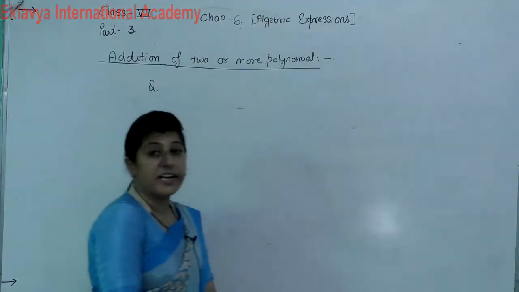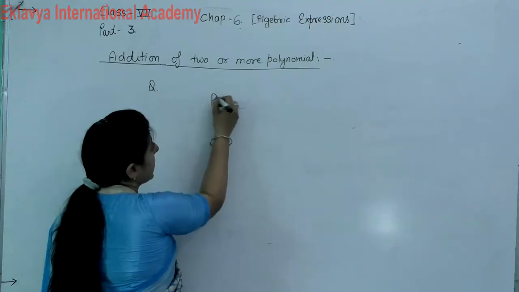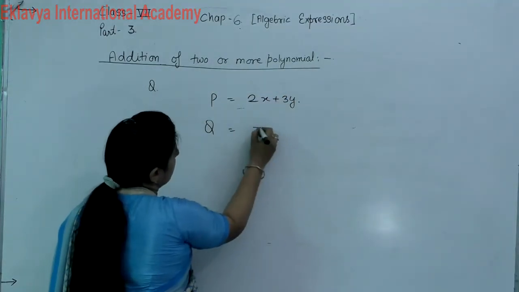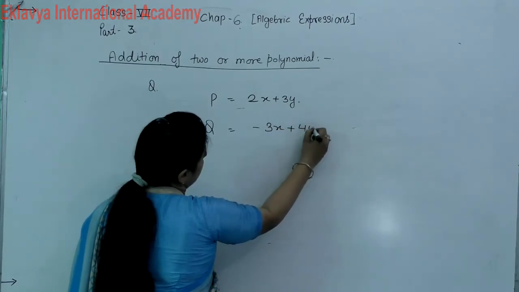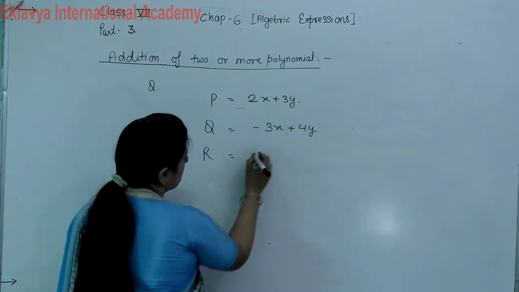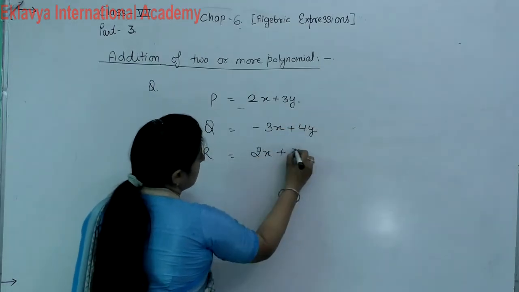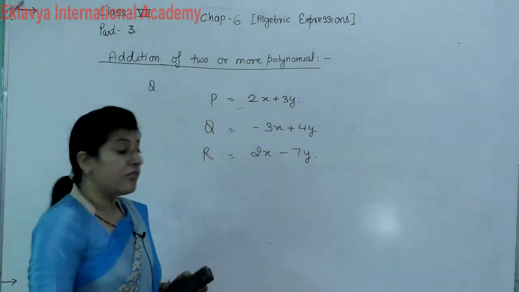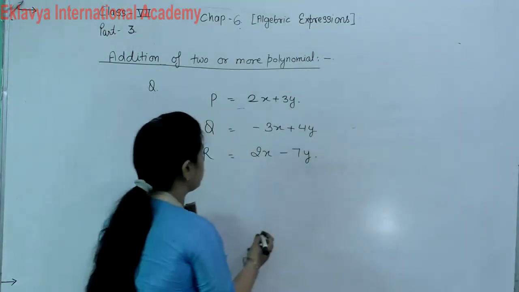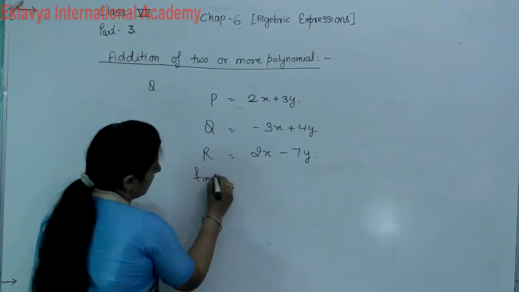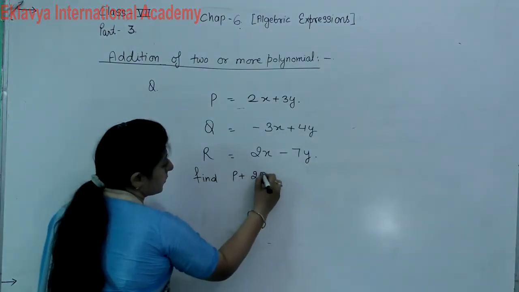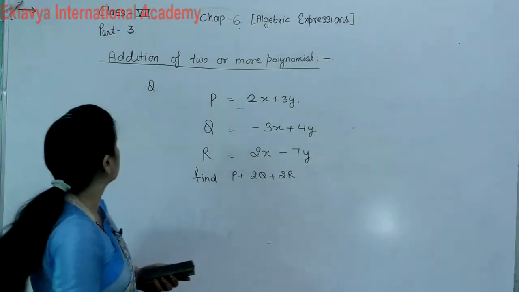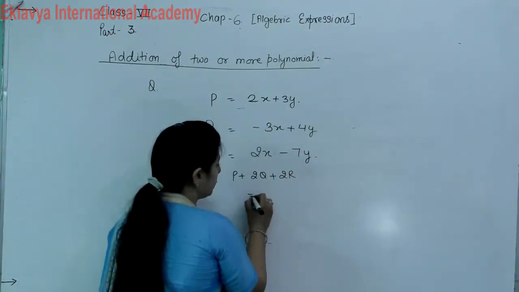Now suppose if something is given to you like this, p is equal to 2x plus 3y, q is equal to minus 3x plus 4y, r is equal to 2x minus 7y. Find p plus 2q plus 2r. Then how to find out?